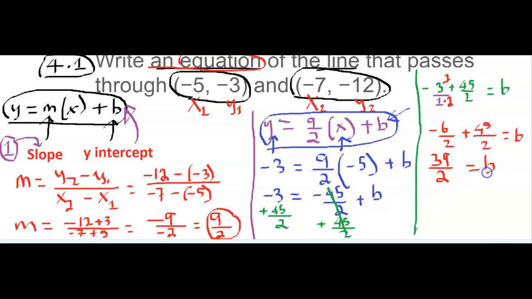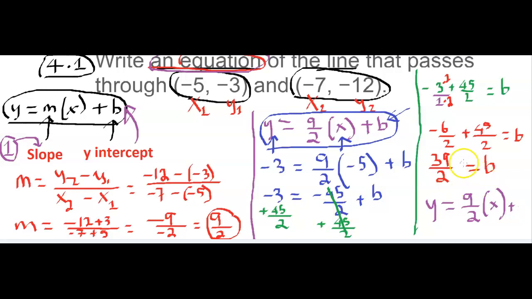You did all that work, but don't forget they want you to write the equation. So now I'm going to go back. What is my equation going to be? y equals mx plus b. My slope is 9 over 2, so I put 9 over 2 in for the slope, 9 over 2 times x, plus b.